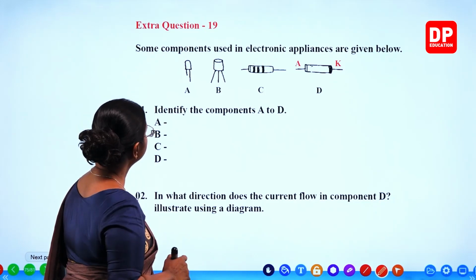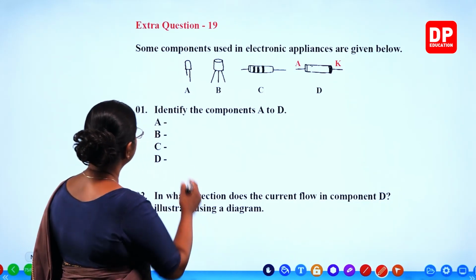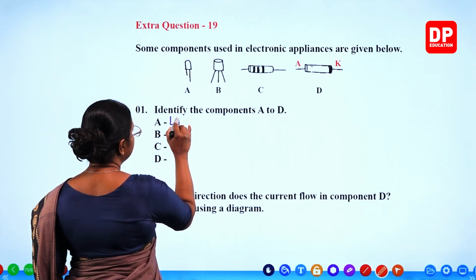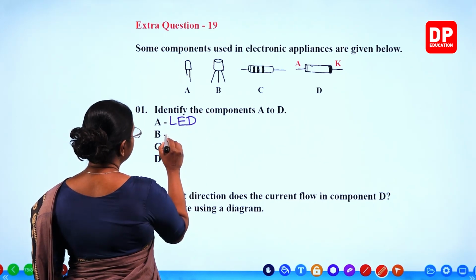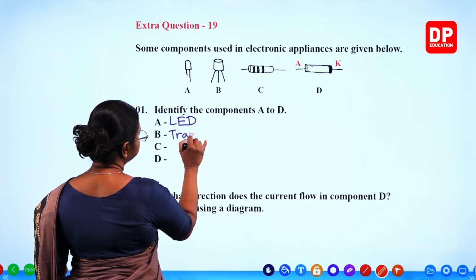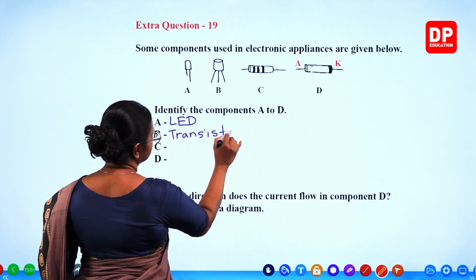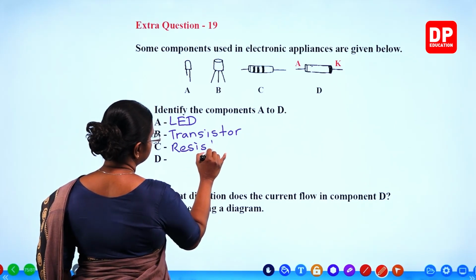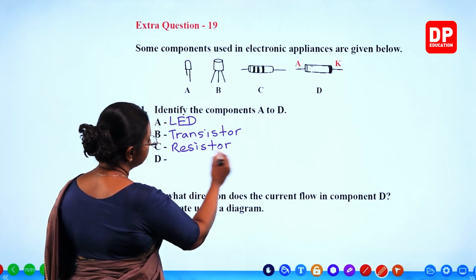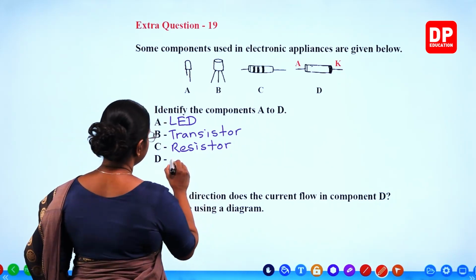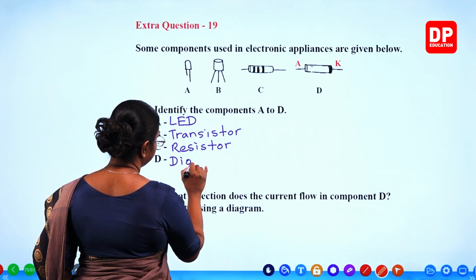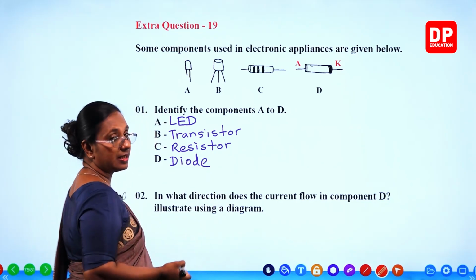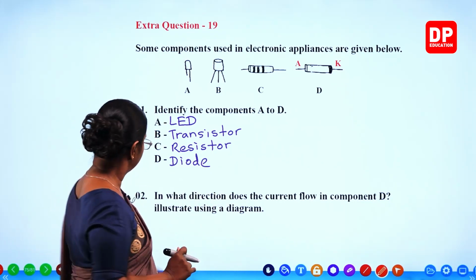So the first question, identify the components A to D. A is an LED, then B, transistor, C, resistor. It is a fixed value resistor. You can just write it as resistor, and D, diode. And here also you can write it as PN junction diode.